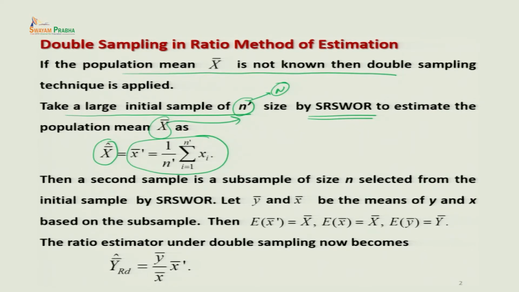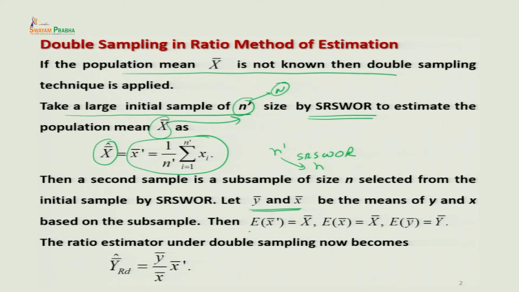Then we obtain one more sample from the sample drawn in the first stage. So now we have a sample of size n prime, and from there we draw one more sample of size n by simple random sampling without replacement. Suppose small y bar and small x bar are the sample means of the study variable and the auxiliary variable based on this sample of size small n.